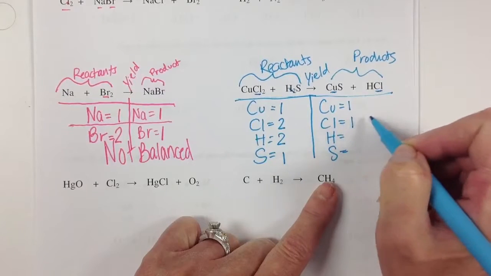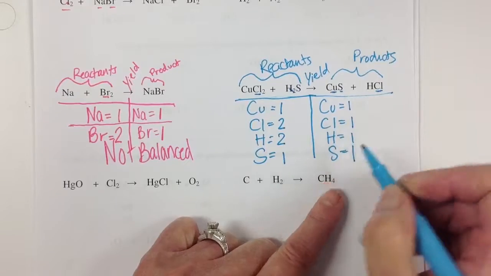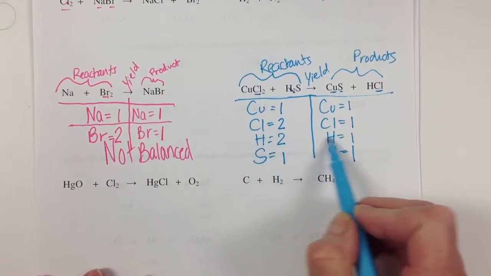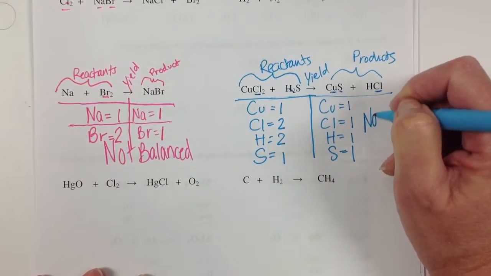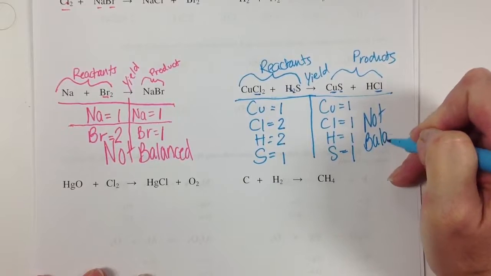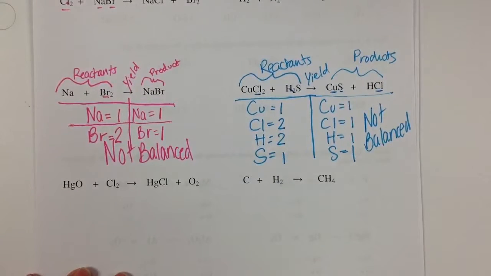Looks like we have 1 Cl. How many S's? Looks like we have 1. And how many H's? 1. So obviously these would be equal. These already are not. These are not. It too is not balanced. And that's it for right now.